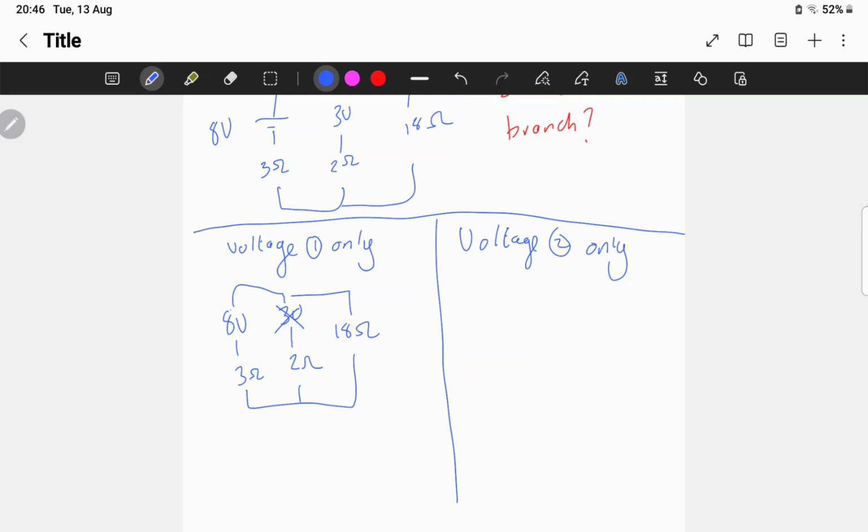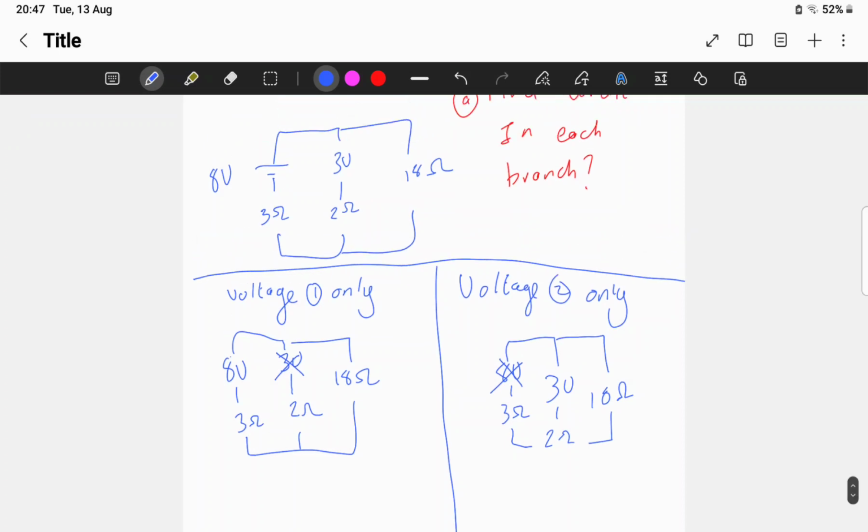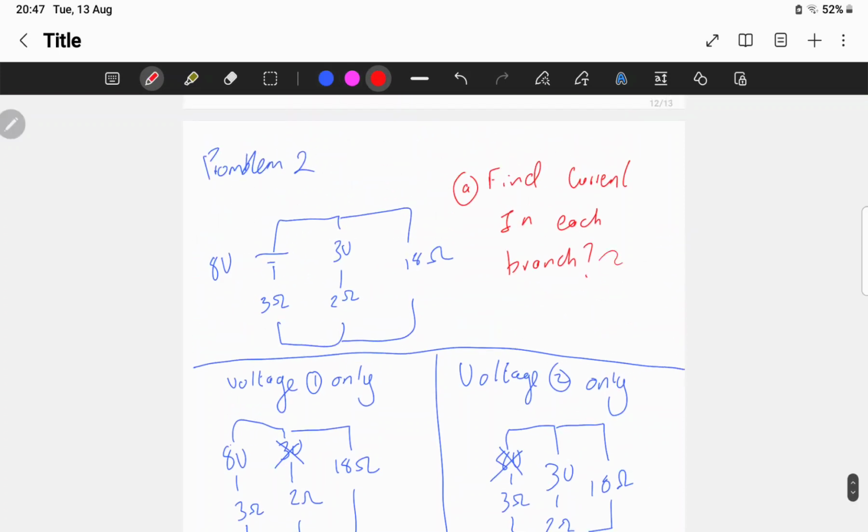Over here we have our 3 volts, 2 ohms, 3 ohms, 8 volts, ignore that, and then we have 18 ohms over here, right? So we need to find I1, I2, I3.